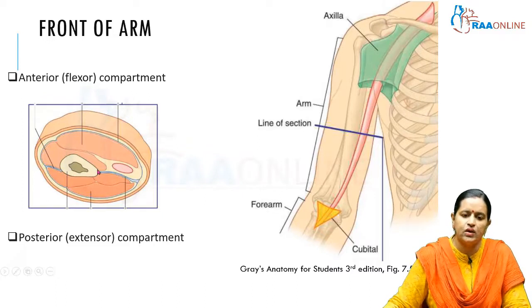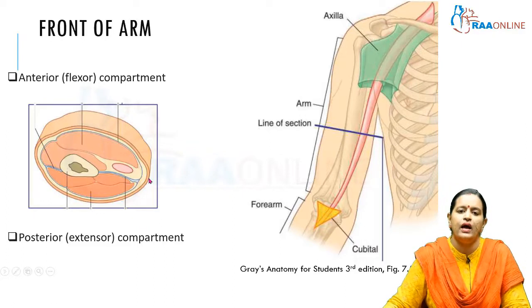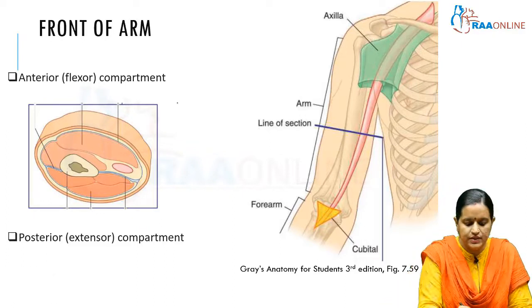From the humerus on either side, extending to the deep fascia, is a fibrous structure called intermuscular septum. There is one medially and one laterally. The medial one is called medial intermuscular septum and the lateral one is called lateral intermuscular septum. Singular is septum, and the plural word is septa.